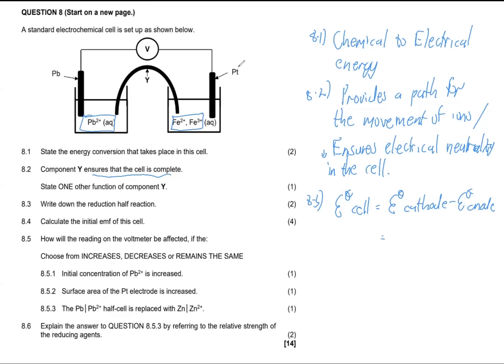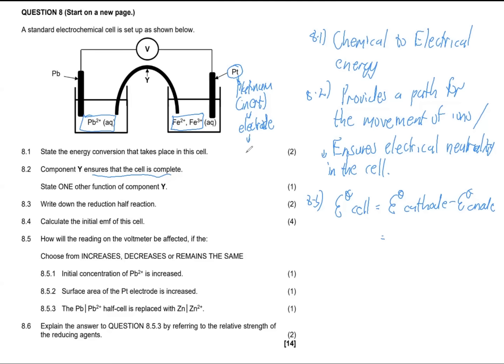So remember, we cannot include this, because what do we see here? This is platinum, and platinum is inert. So the platinum here is only acting as an electrode. It does not take part in the redox reaction.